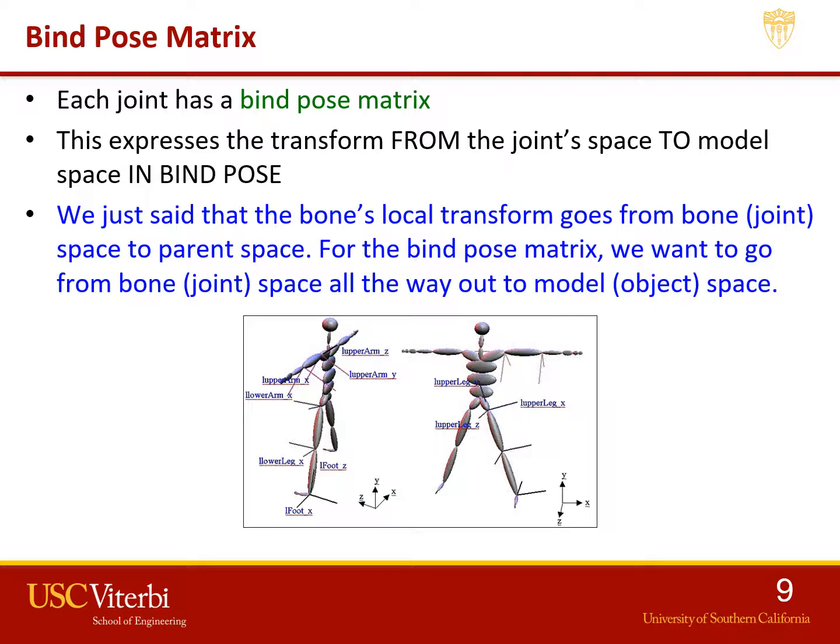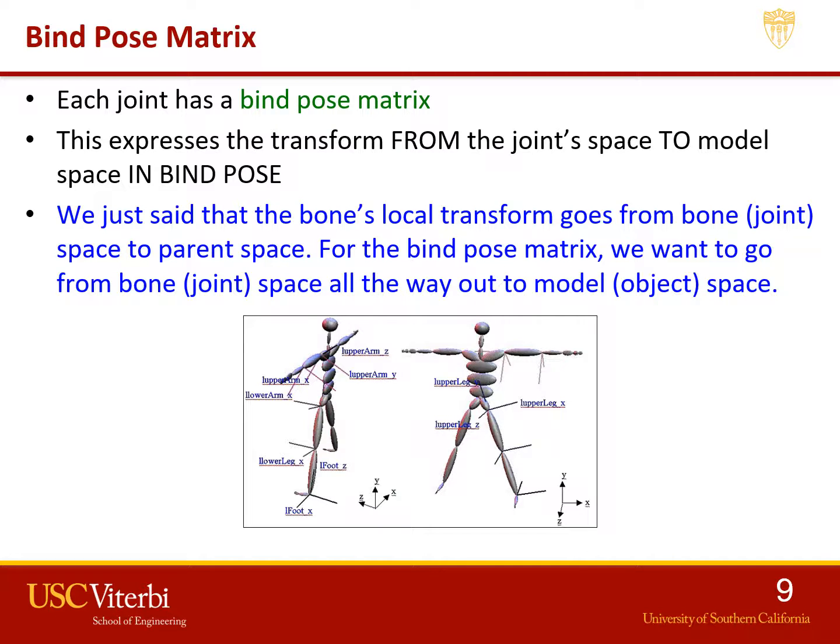Now, the bone's local transform goes from bone space to parent space. Like it goes from the upper arm space into the clavicle space, right? It goes from one space up the hierarchy. But for this bind pose matrix we just said we wanted to go from bone space all the way out to model space.